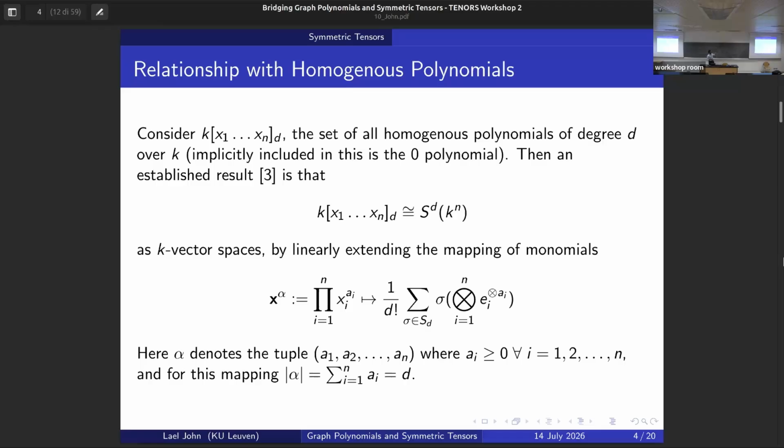And specifically, this is given by linearly extending the mapping of monomials, right? And in particular, I want you to notice that the mapping of each monomial is to symmetric tensors, and it looks like an ugly expression, but that essentially captures why these are going to be symmetric maps, right?